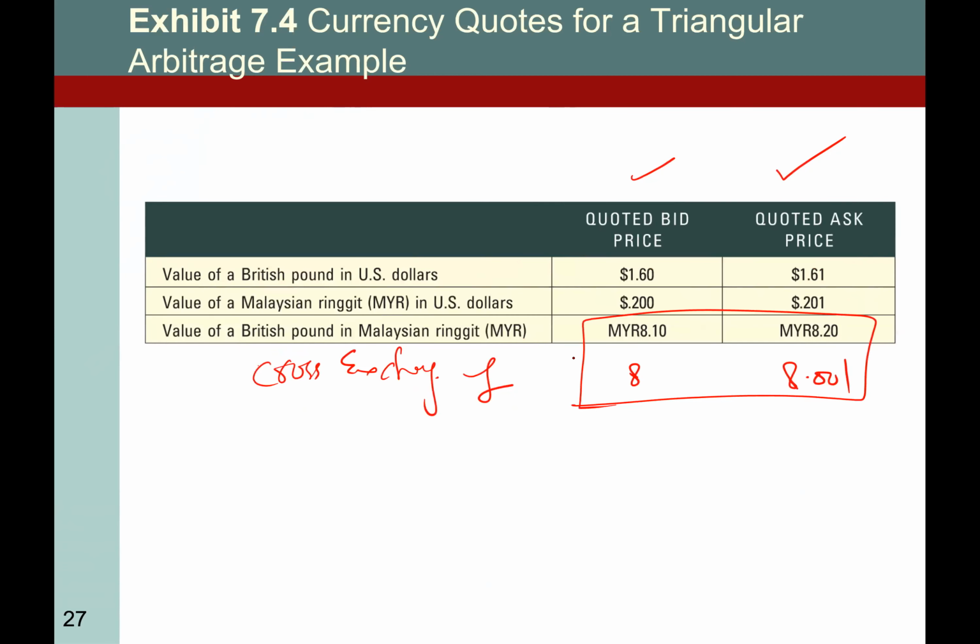According to the analysis, the logic, it should be 8 and 8.001, but the market is giving us 8.1 and 8.2. Right? So let's talk about the triangular arbitrage.